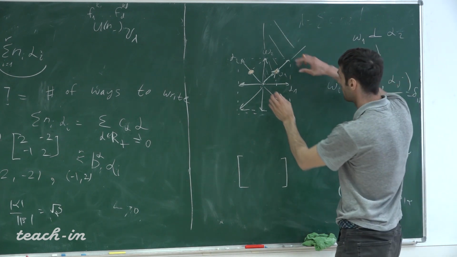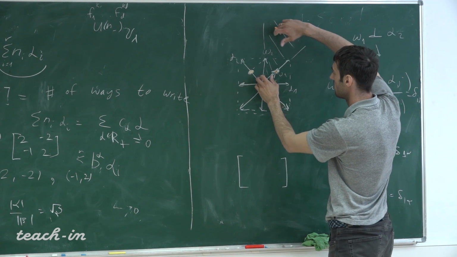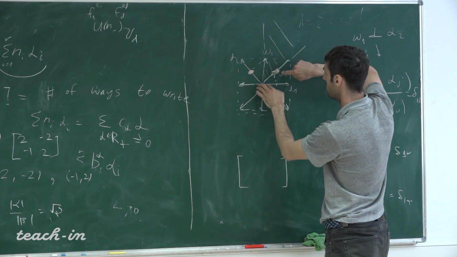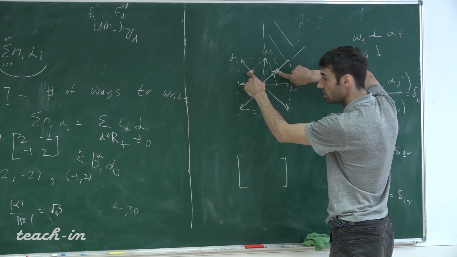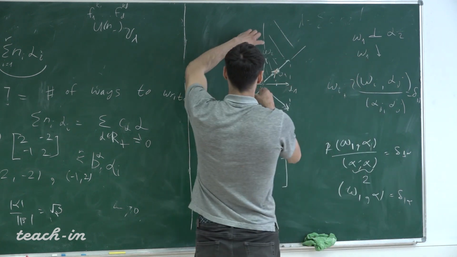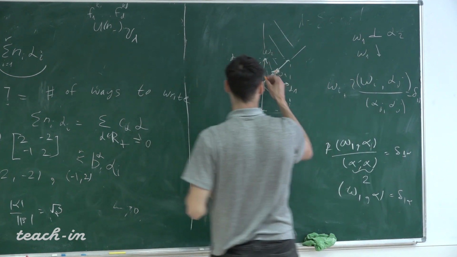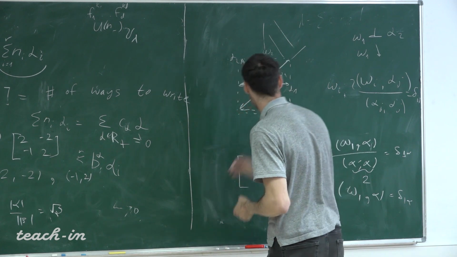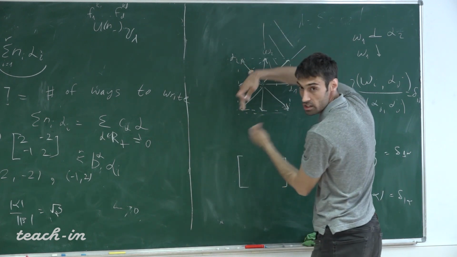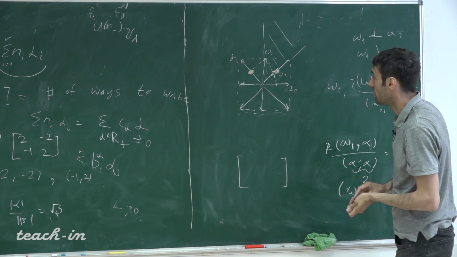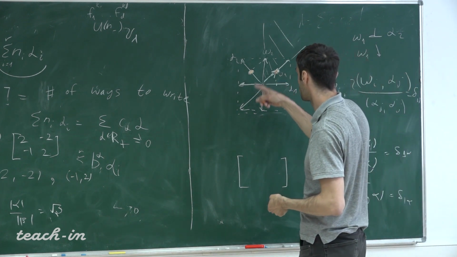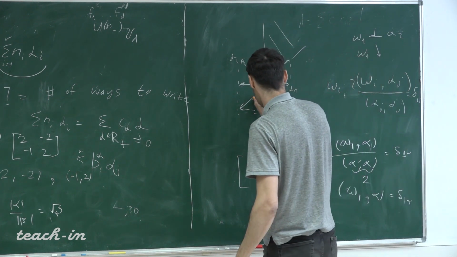So its image with respect to this reflection is this domain, and this point goes to this point. Now I can reflect it. So all these things are Weyl chambers between these two lines, right? And corresponding points are these points.